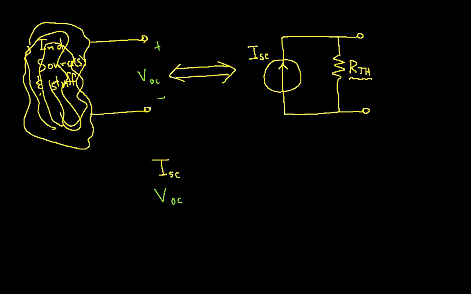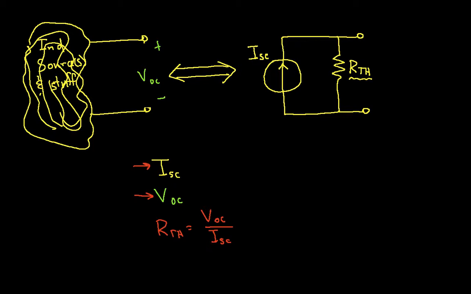And then you find the Thevenin equivalent resistance as VOC over ISC. And again, I'm not going to spend a lot of time on how one finds this and this. That's covered fairly completely in the Thevenin equivalent circuit videos that I've already made.